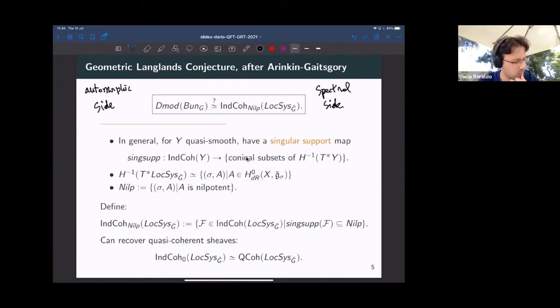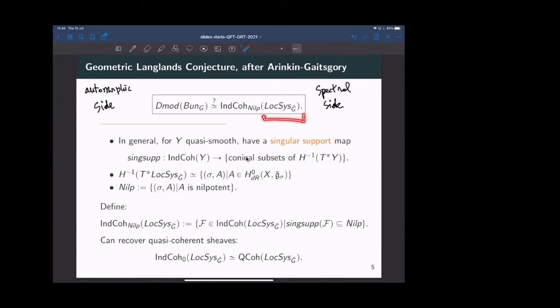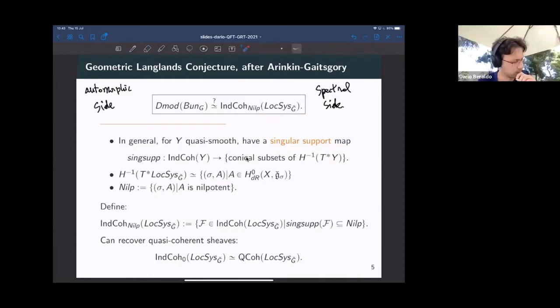Here I'm talking about ind-coherent sheaves with nilpotent singular support on the stack of local systems for the Langlands group. Most of it is general. We need to have some scheme or a stack Y which is quasi-smooth, which is the best next thing after smooth, so it's only mildly singular.